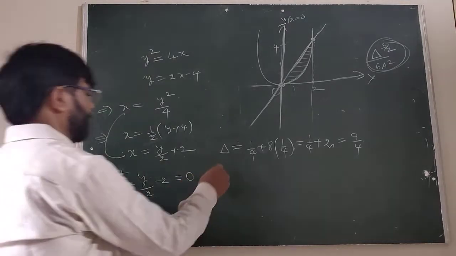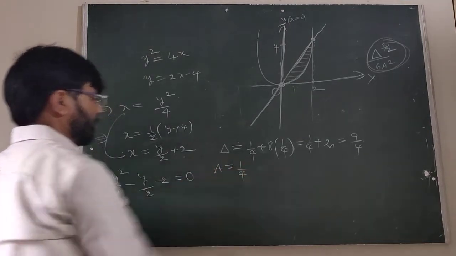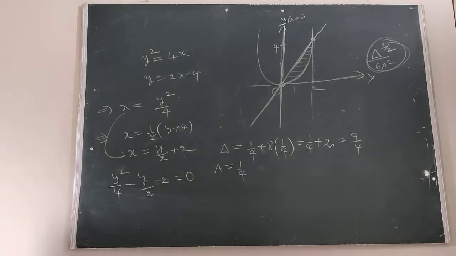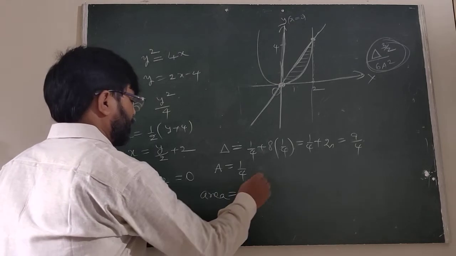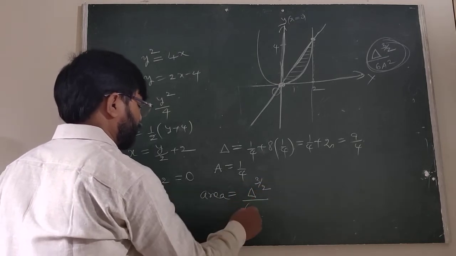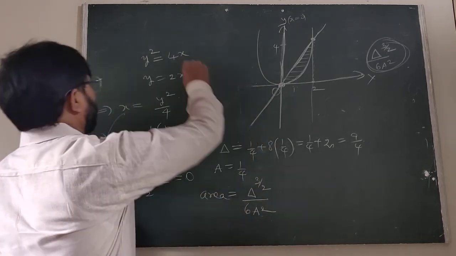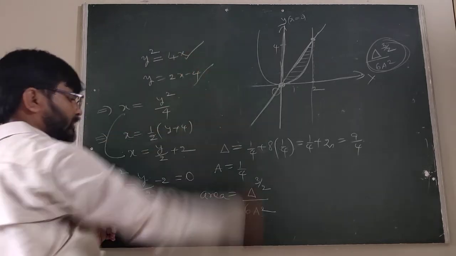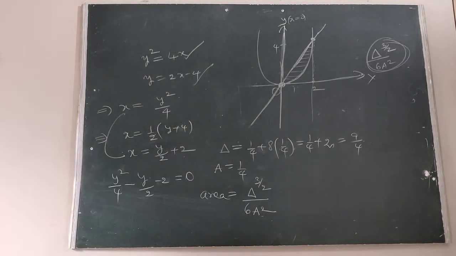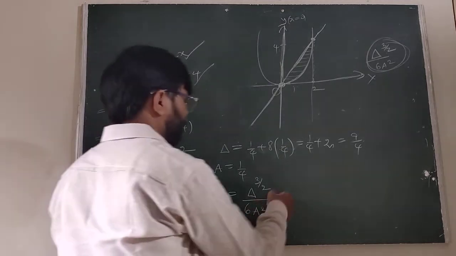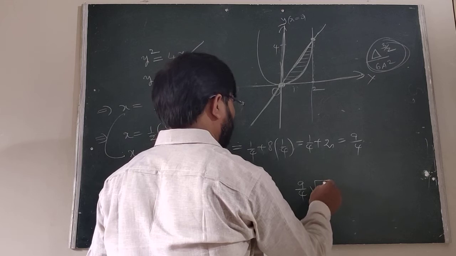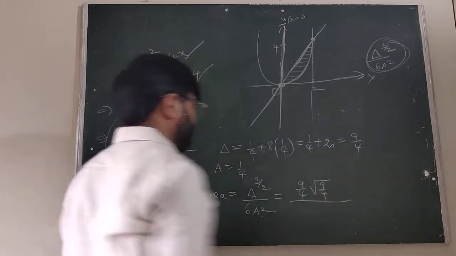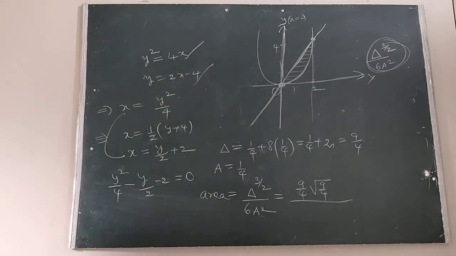But a we are taking as 1 by 4. What is the area? The area is delta power 3 by 2 by 6a square. One of them is a curve, another one is linear. Delta power 3 by 2, how to write this one? 9 by 4 power 3 by 2 is 9 by 4 root of 9 by 4.